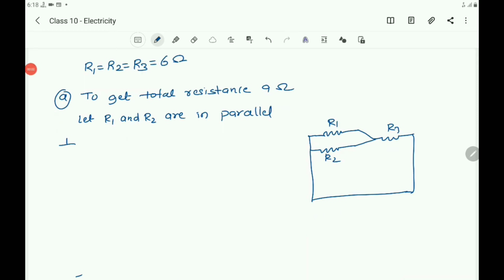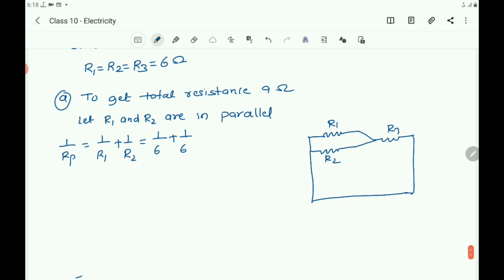So 1 by Rp equals 1 by R1 plus 1 by R2. R1, R2, R3 are the same, 6 ohm. So 1 by 6 plus 1 by 6, the LCM is 6, numerator 1 plus 1.